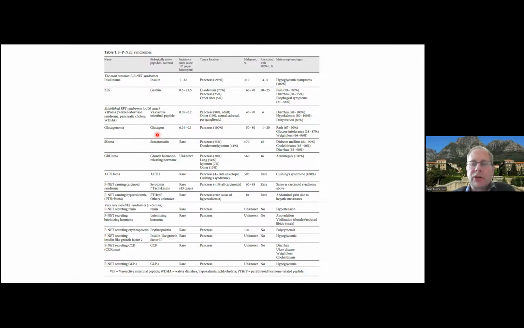Glucagonomas, obviously these patients present with excesses of sugar. They are glucose intolerant or frankly diabetic by the time they see you. An important component to remember is they often get a rash called a migratory necrolytic erythema, and that can be a clue.